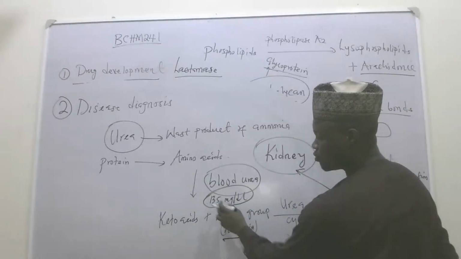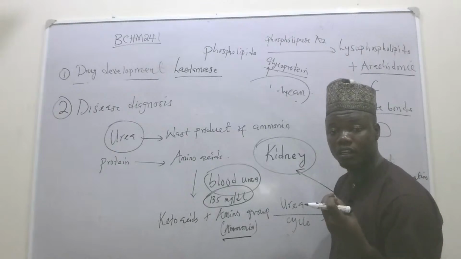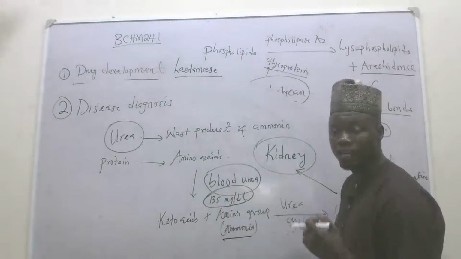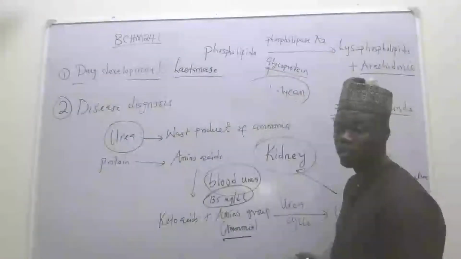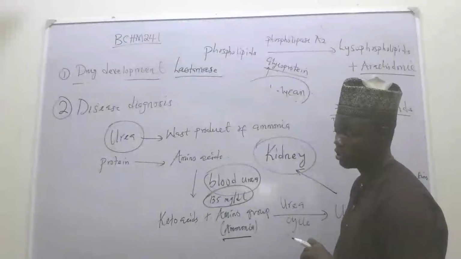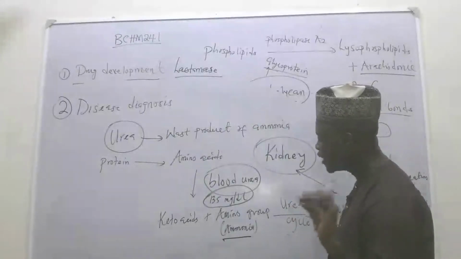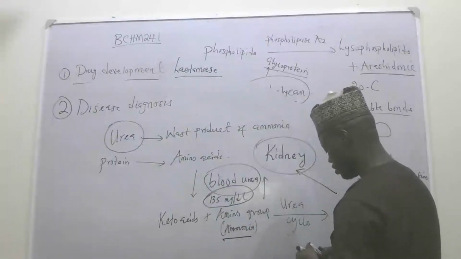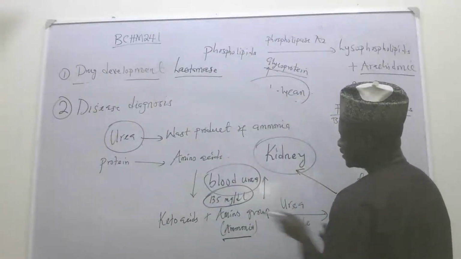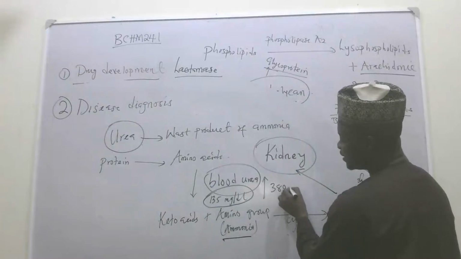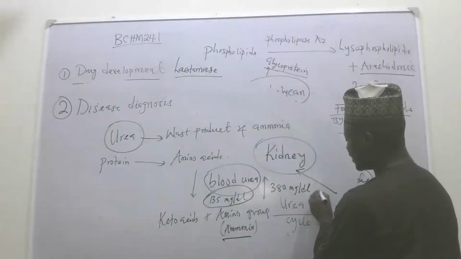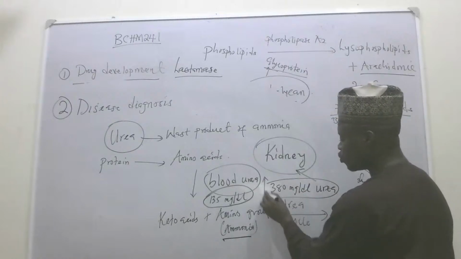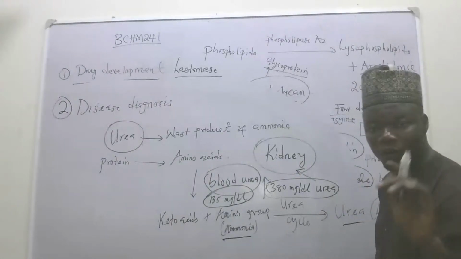Assuming, as a hospital or as a nurse, you pick a blood sample from a particular individual, or you take a urine sample, and you realize that in the blood sample you have 380 milligram per deciliter of urea.